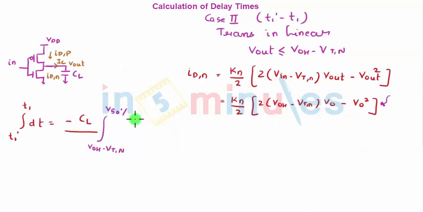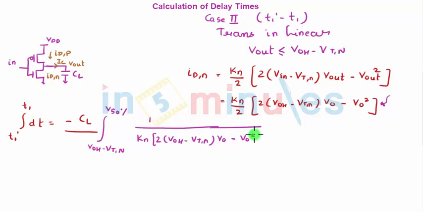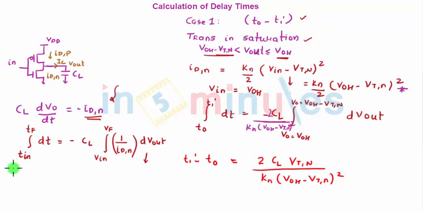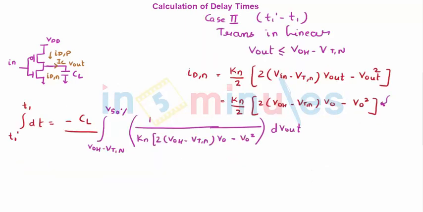And now I will put the value 1 upon Kn, twice (VOH minus Vtn) into Vout minus Vout square, and this whole thing is into dVout. This is the general formula, which again we saw here on the screen. I've just put ID, I've done the integration, initial and final voltages, initial time and final time.